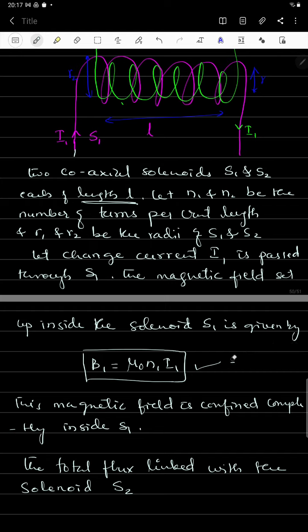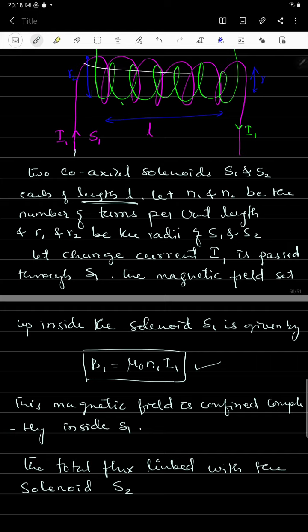That's why we have taken the example of the inside of the solenoid. So we have placed the other solenoid inside. Due to that reason, the magnetic flux linked with the coil is maximum. Therefore the total magnetic field produced from the first solenoid is completely inside S1, so that produces the total magnetic flux linked with the secondary coil.